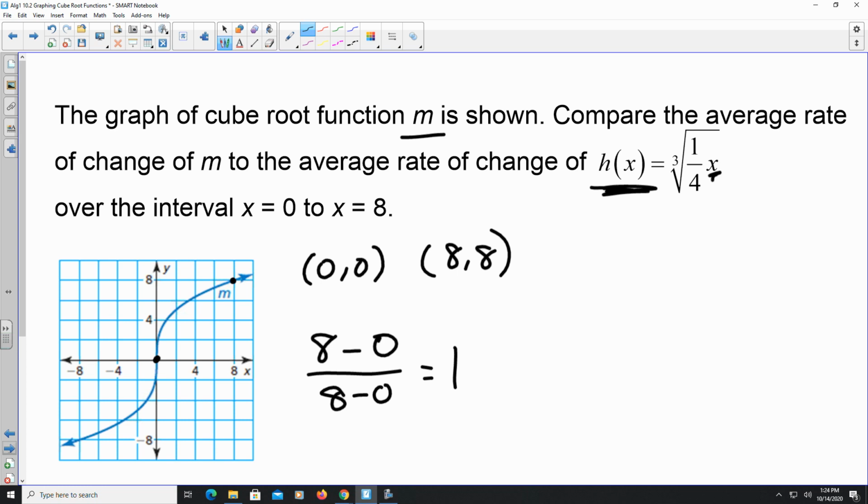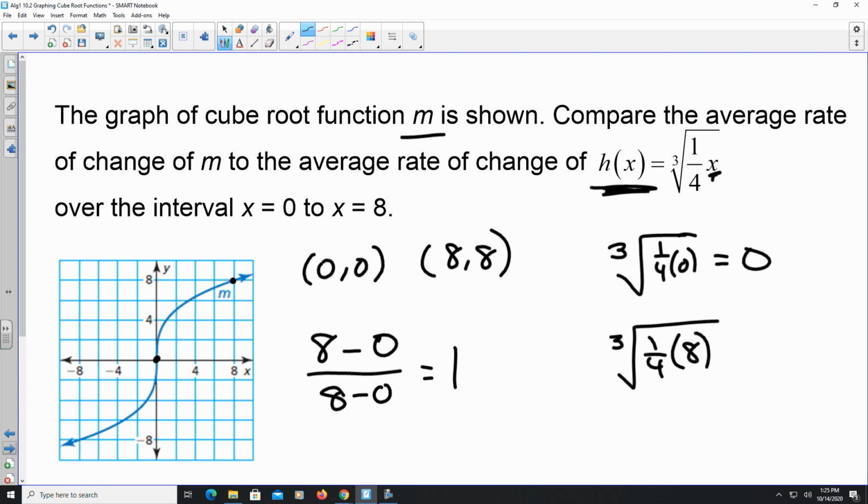If I put 0 in, the cube root of 1/4 times 0, and 0 times 1/4 is 0, this is going to equal 0. If I put in the cube root of 1/4 times 8, I get the cube root of 2. The cube root of 2 is approximately 1.3.